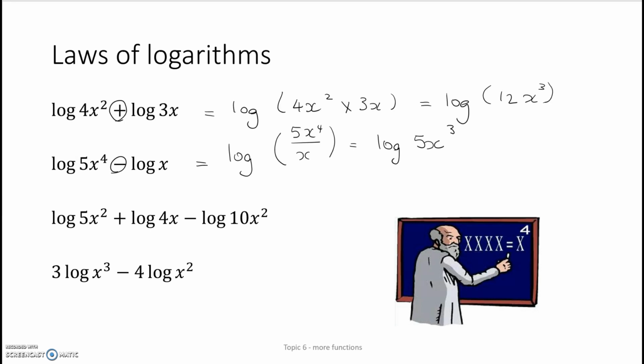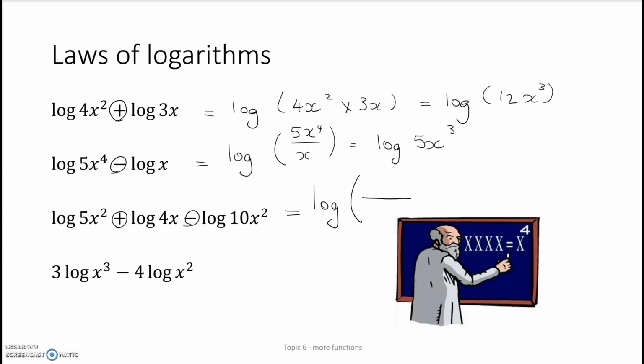Next one's a little bit more complicated. It's got multiplication indicated by the plus and division indicated by the minus. What I do is I just set it up in the whole thing and I start left to right. I know it's going to be multiplication and then division, so I just start log. Now I know that there's a division, so I may as well put my division sign in.